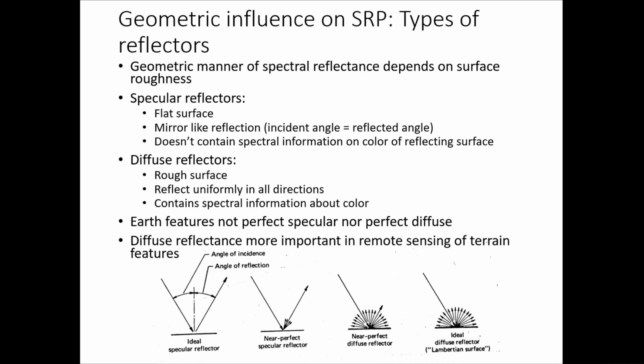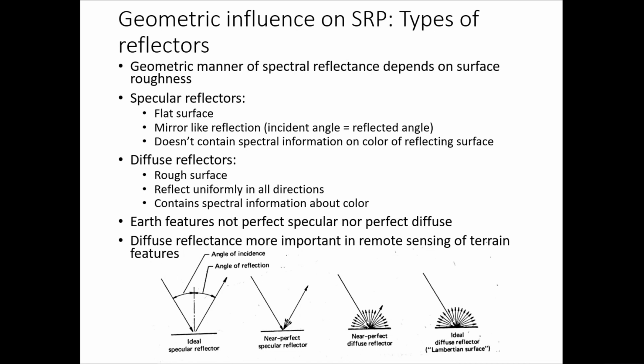All right. So whether a particular target reflects specularly or diffusely or somewhere in between, that depends upon the surface roughness of the feature in comparison to the wavelength of the incoming radiation. All right, how rough the surface is when compared to the wavelength of the incoming radiation. That depends how an earth feature reflects, whether it is a specular reflector or a diffuse reflector or something in between.